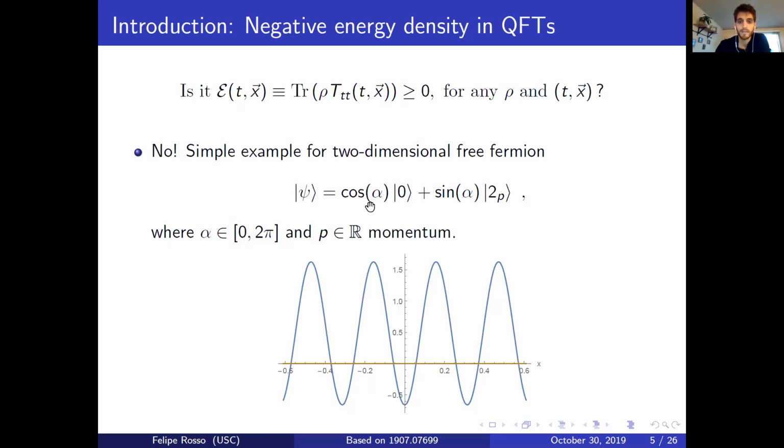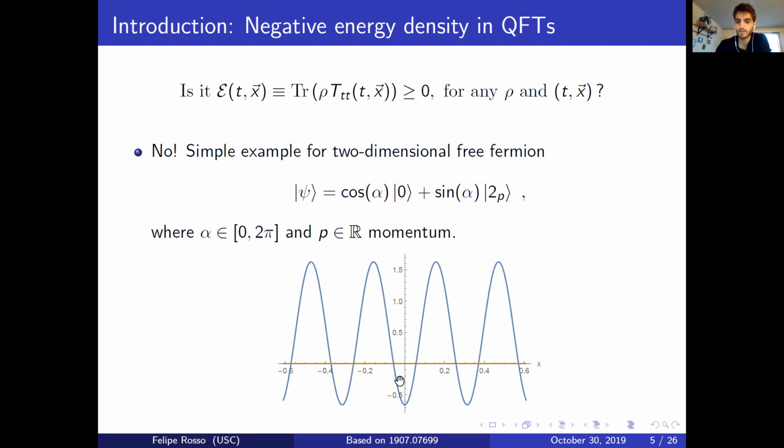And this alpha controls the superposition between the two states, and you can compute the energy density that you get for this state. This is what you get. On the y-axis we have the energy density, and on the x-axis we have the space dimension. As you can clearly see, there are regions in spacetime where it is negative, and regions where it is positive. So from this very simple example, we see that this statement is not true.